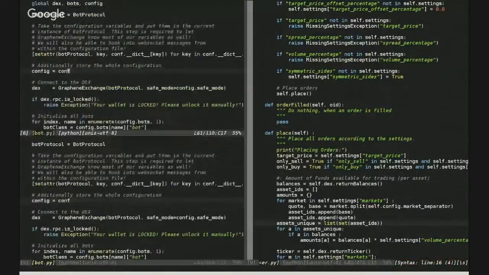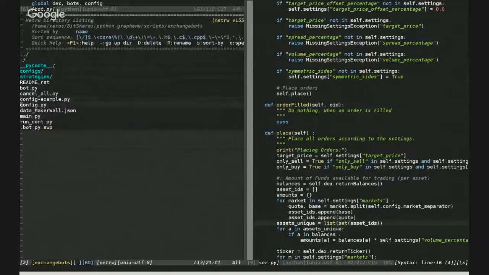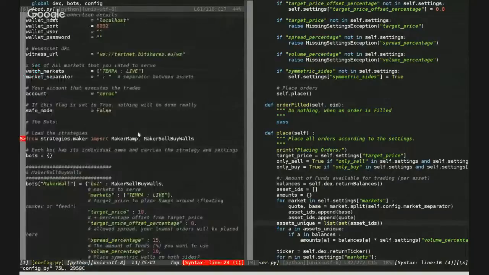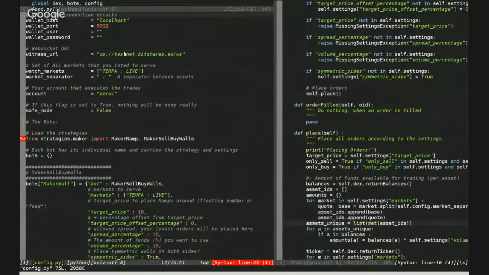And the configuration of this bot is quite easy. It works like this. This is the configuration file. This is basically everything you need to do if you want to just run a bot, an existing strategy. You have the configuration stuff for the wallet.